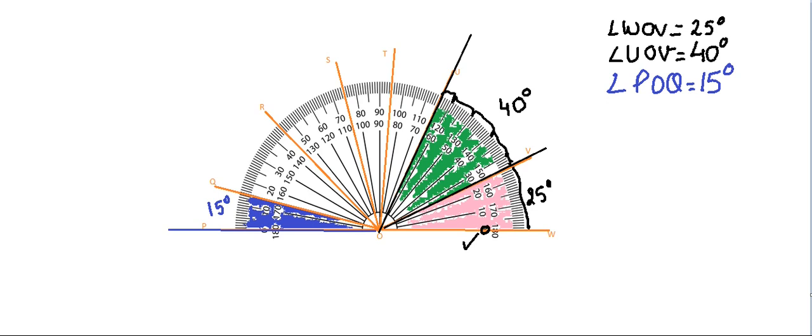Next, let us measure angle QOR or ROQ. So we will focus on the starting point. Either we can take OR as the starting ray or OQ as the starting ray. We have to check how many degrees it has moved from its initial point to OR.